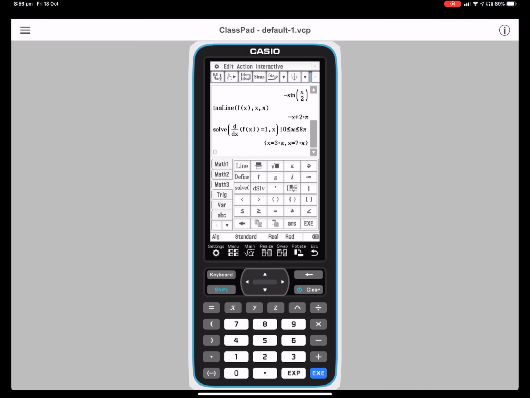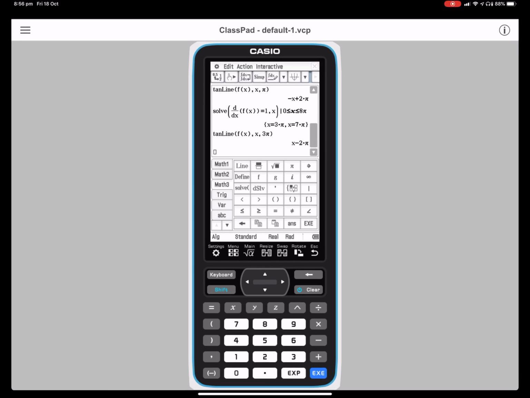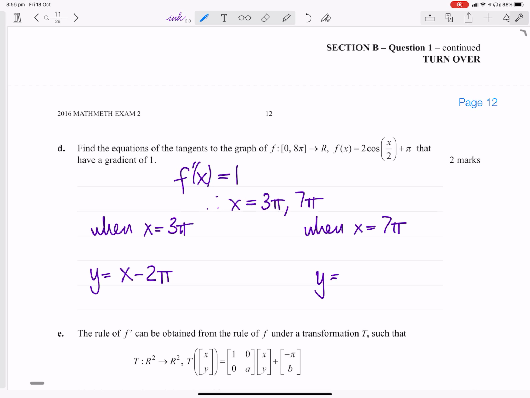Okay, so we want to find tan line at 3 pi: x minus 2 pi. And here, y equals 5 pi minus x plus 6 pi.